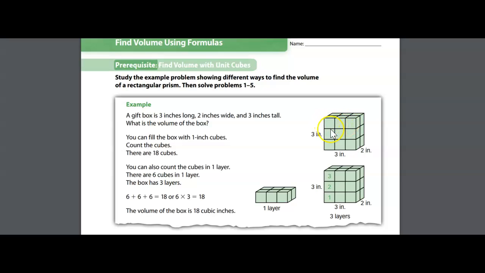So if I see there's 1, 2, 3 layers, I know that 6 times 3 will give me 18, or I can do 6 plus 6 plus 6, which will also give me 18, because I know that there are 6 cubes in each layer, and I can add 6 3 times. So the volume of the box is 18 cubic inches. Again, because we're measuring it in inches, that is our unit of measurement. So our volume is 18 cubic inches.